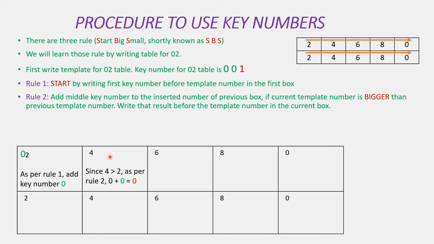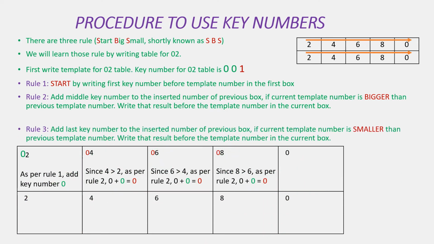Since the current template number 4 is greater than the previous template number 2, we have to add the previously inserted number 0 with the middle key number, which is again 0, and that result needs to be added before the template number in the current box. Follow the same rule here since 6 is greater than 4. Follow the same rule here since 8 is greater than 6.